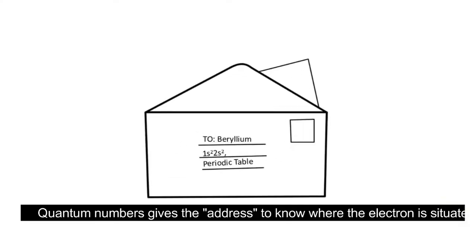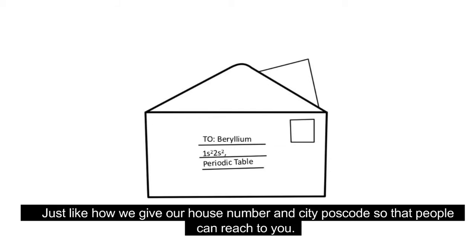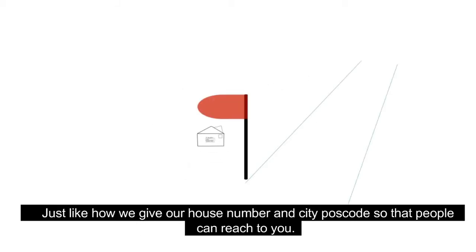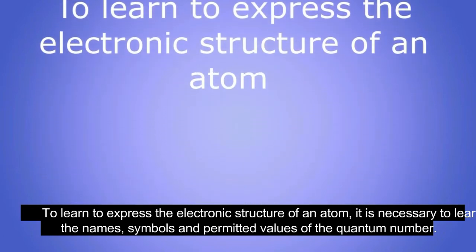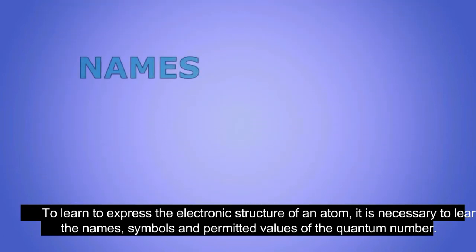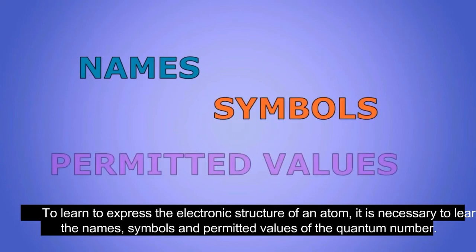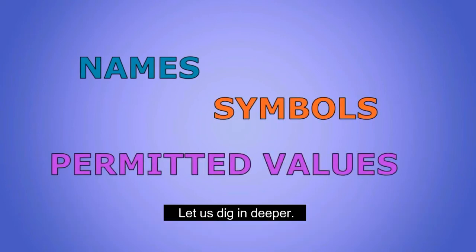Quantum numbers give the address to know where the electron is situated, just like how we give our house number and city postcode so that people can reach you. To learn to express the electronic structure of an atom, it is necessary to learn the names, symbols, and permitted values of the quantum numbers. Let us dig in deeper.